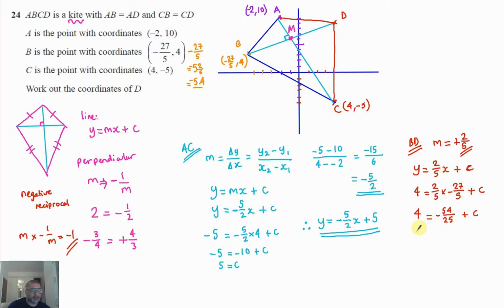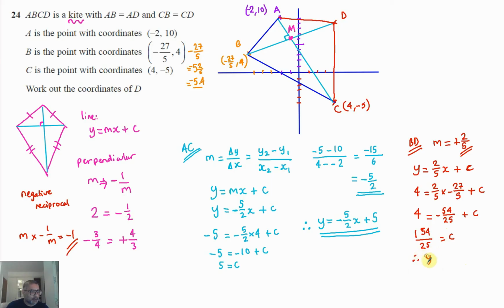Add that to both sides to work out what c is. Just going to do that on my calculator here. Plus 54 over 25 gives us 154 over 25 equals c.